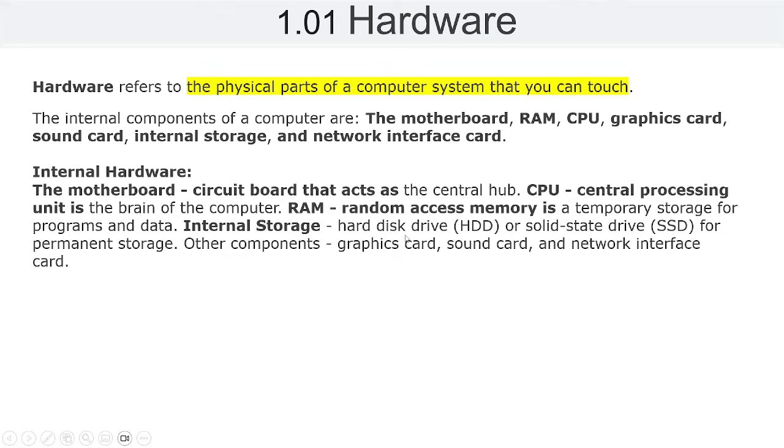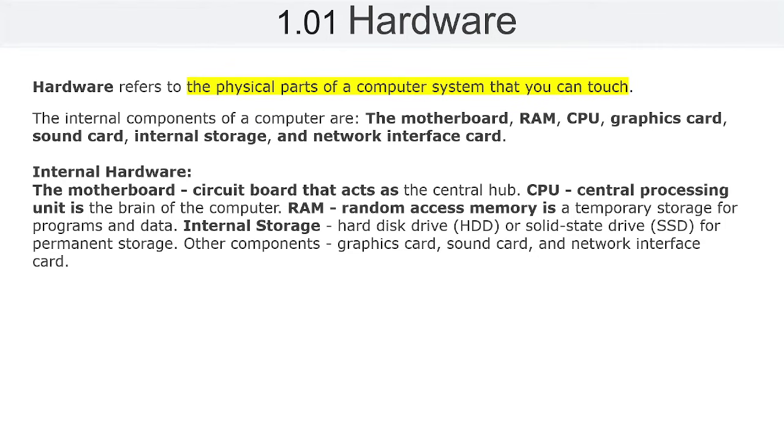The internal hard drive is referred to as the internal storage. We have the hard disk drive or the SSD. The internal hard drive permanently stores all the information that you want to save for future use. We also have the graphic card, the sound card, and the network interface card.